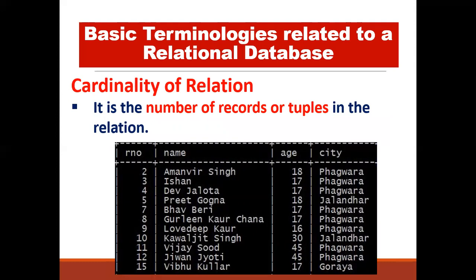This table has how many records? 1, 2, 3, 4, 5, 6, 7, 8, 9, 10, 11. So the cardinality of the relation is 11, because cardinality represents rows, records and tuples, whereas the degree of a relation represents the number of columns.